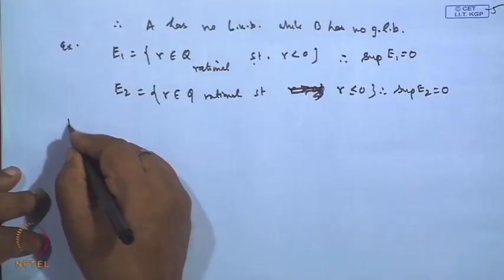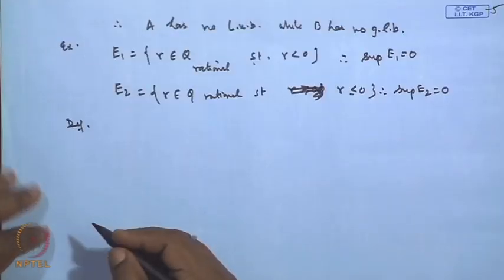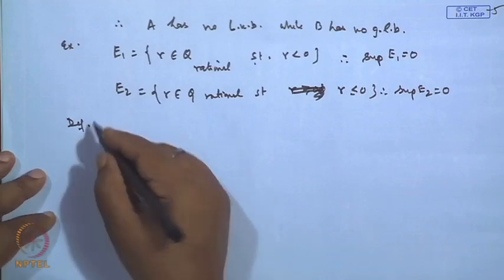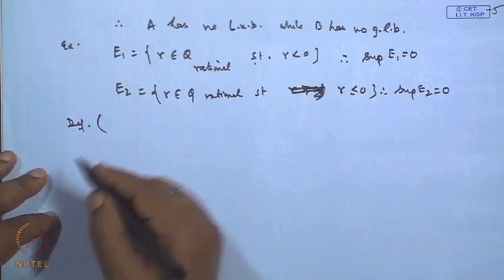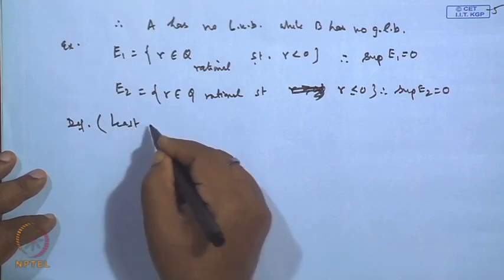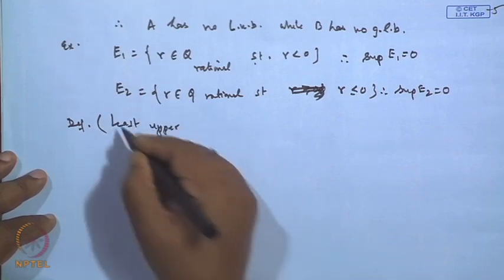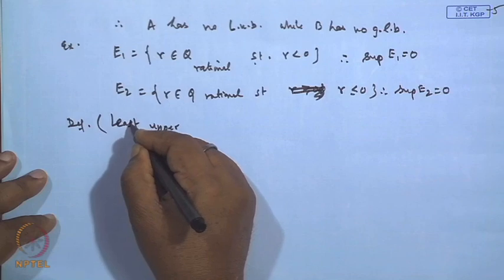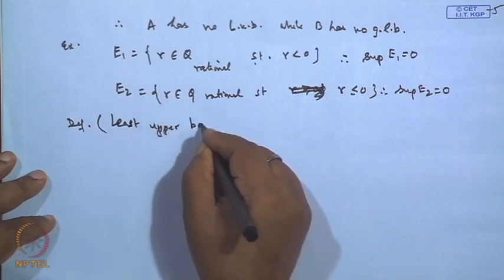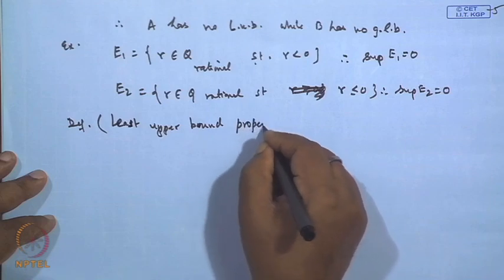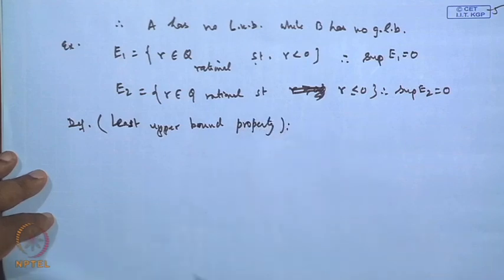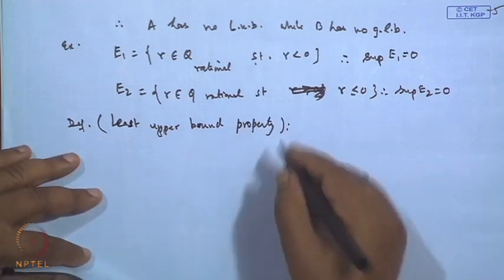Now, another interesting property in connection with ordered sets is known as the least upper bound property. What is the least upper bound property?